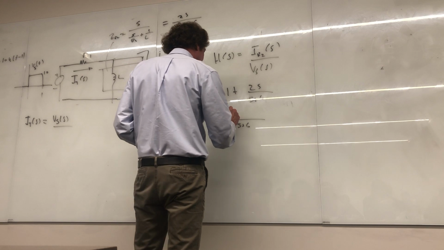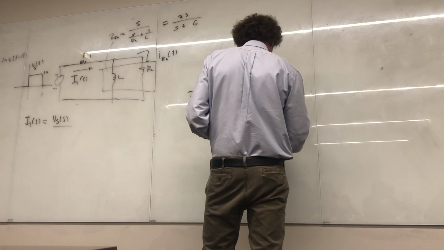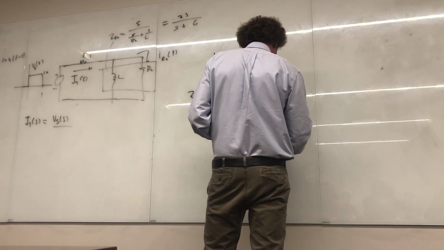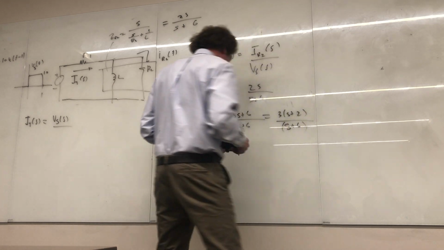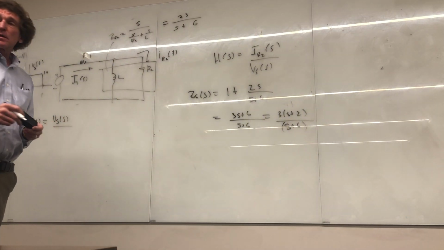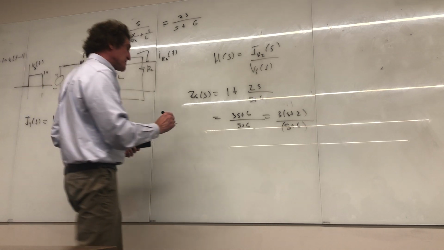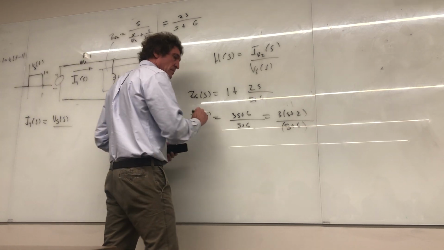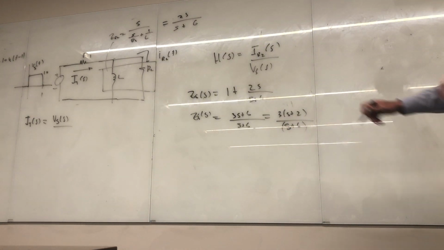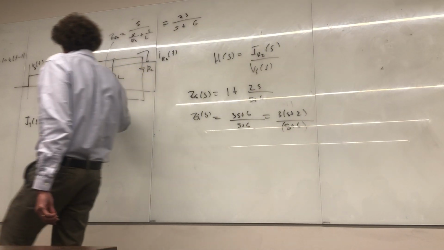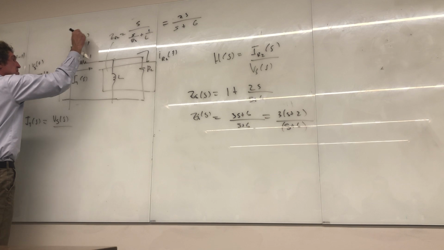So this is 3S plus 6, and I'm going to write this as 3 times S plus 2 over S plus 6. Agreed, class? And that's my Z in of S. I'll slow down here. That's the input impedance right here, from here over. That's Z in of S.